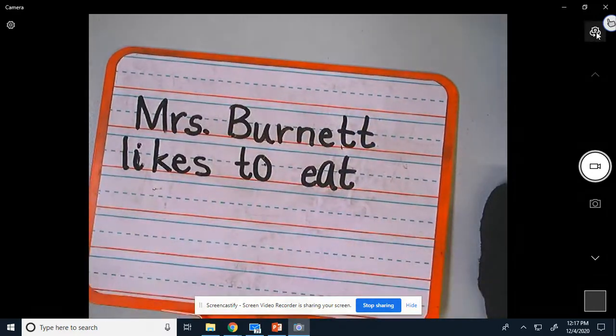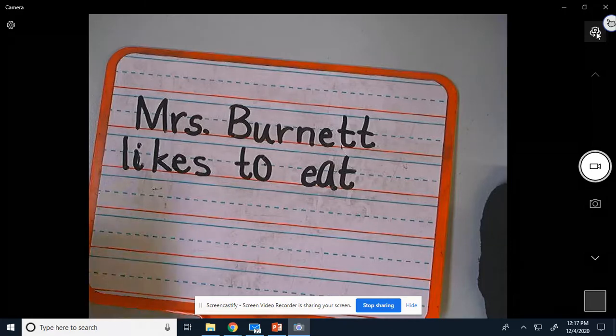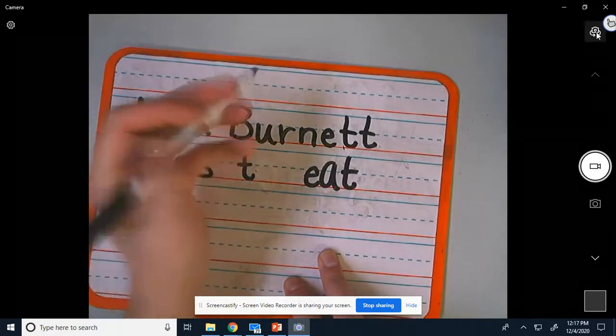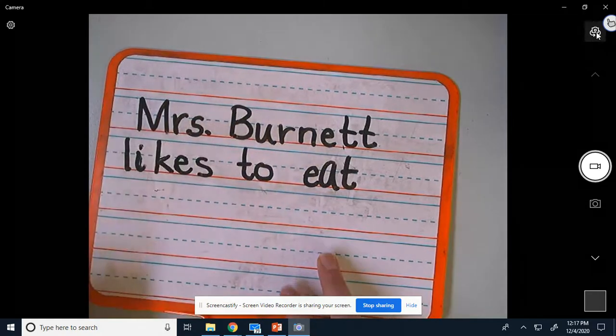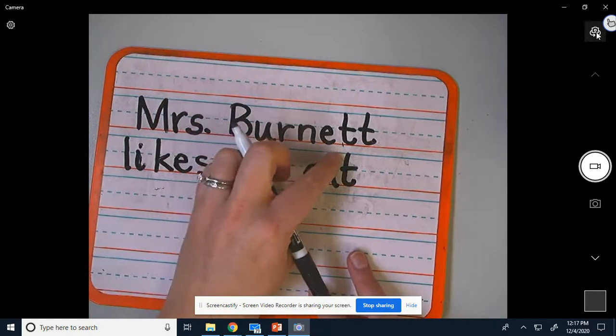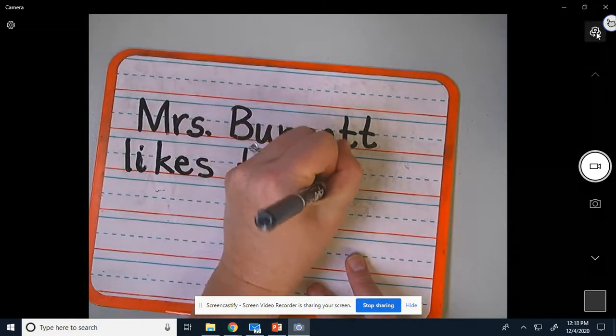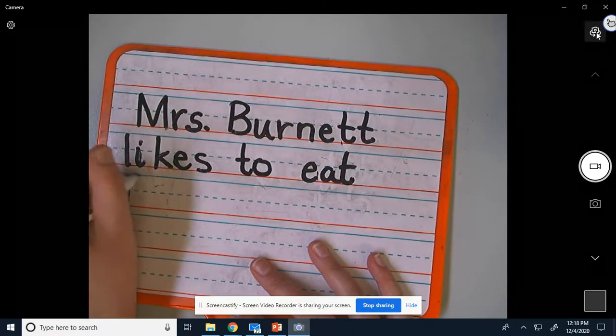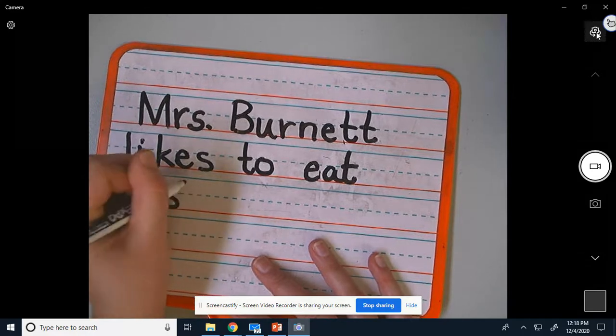Mrs. Burnett likes to eat. I'm seeing this too, boys and girls. The O looks like an uppercase O because it's above the line. If you have a lowercase o, it's below the line. And the A's are too. Eat pasta. And some of you are doing this.